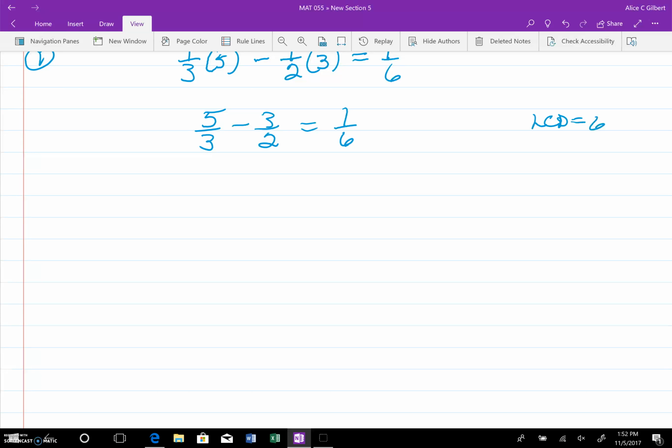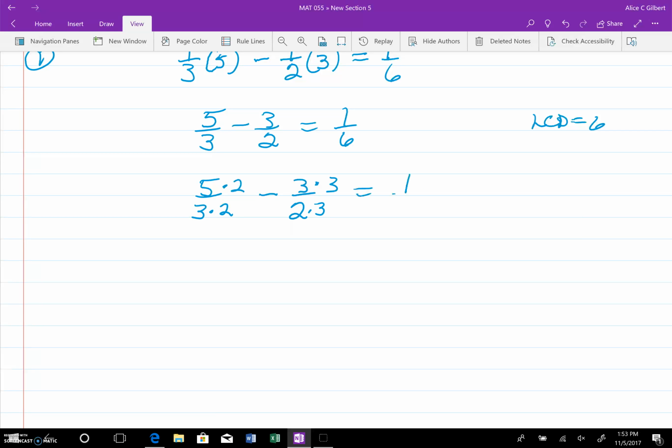So 3 times 2 is 6. So if I multiply, let me do it like this. So anybody who needs to see this, what do I need to multiply with the 3 to get 6? 2. If I do it in the denominator, I need to do it in the numerator. Now what do I need to multiply with the 2 to get 6? 3. If I do it in the denominator, I need to do it in the numerator.